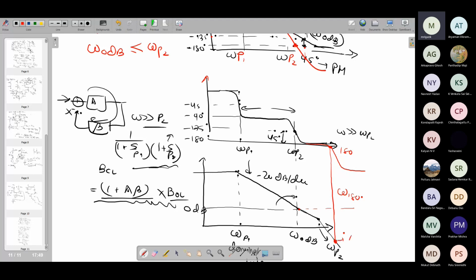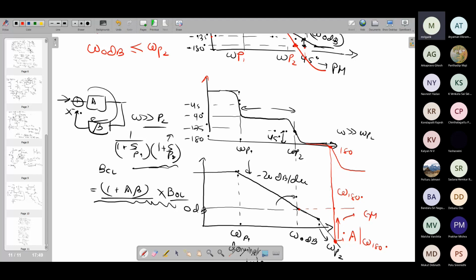This is your value of gain A at omega 180 degree, and how much lower it is as compared to 0. If it is higher than 0, that means you are in trouble. So gain margin means, at omega 180 degree, the point which achieves 180 degree phase shift for the open loop response, how low the actual loop gain is as compared to 0 dB. That means how much more you can increase the gain at that frequency and still remain stable. That's why this is called gain margin.